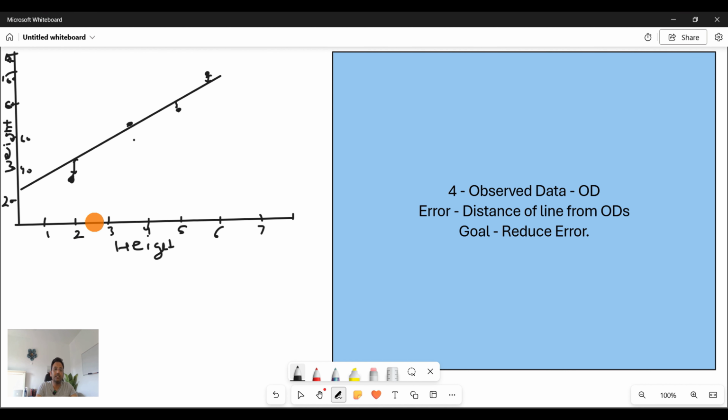So when I ask you to give me the weight of a 2.5 feet person, you will simply go from here and see where it's intersecting this line, and this is the weight. You will easily predict it.